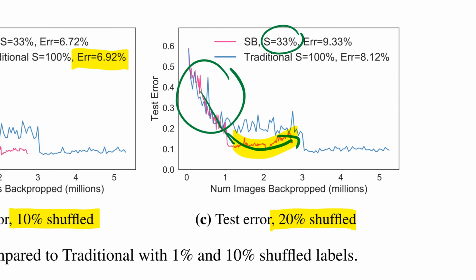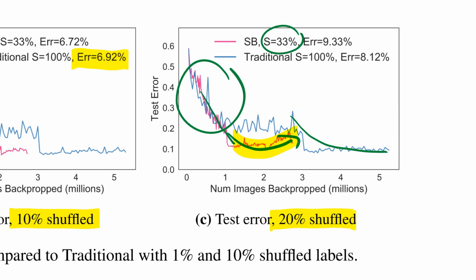So compared to the traditional model, which just reaches this low error that is now corrupted by these wrong labels, but it doesn't hurt as much. So that's my first criticism.